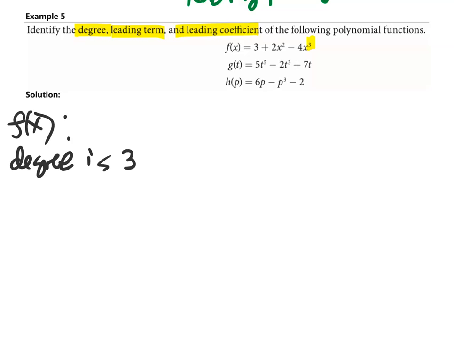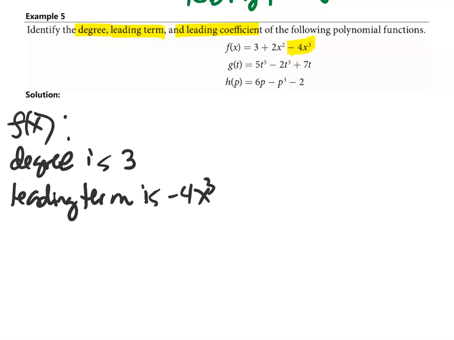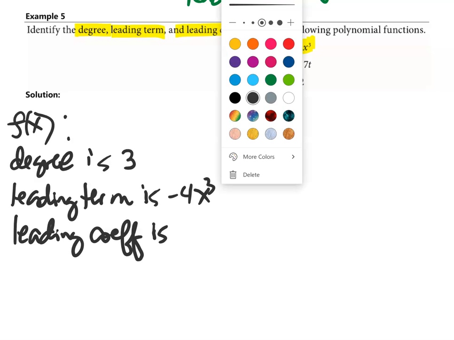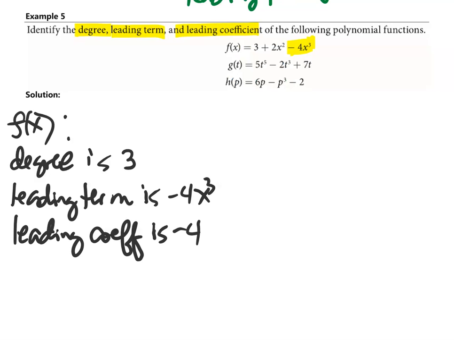Leading term is the one with the highest degree, so that is the leading term, negative 4x cubed. And the leading coefficient is, since this is your leading term, definitely its numerical coefficient is negative 4. So that is for f of x.